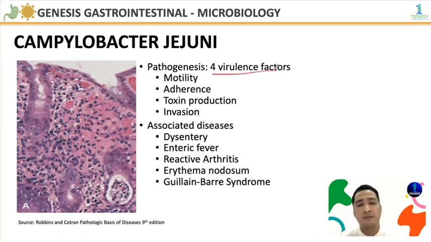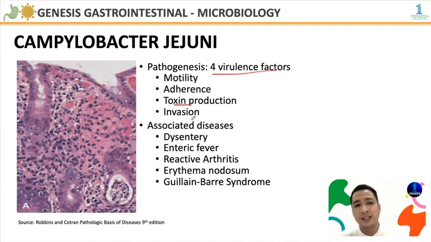We're talking about the factors that will cause further the disease. The motility is secondary to the flagella. It is flagellated. It allows the Campylobacter to move. The adherence, the toxin production, we have the cytotoxin that will cause epithelial damage, and a cholera toxin-like enterotoxin that will be associated with Campylobacter jejuni.